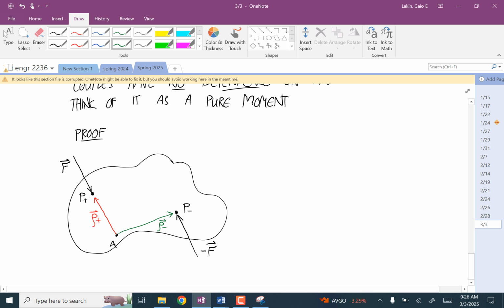Rho is just the vector that goes from the about point to the point where the force is applied.